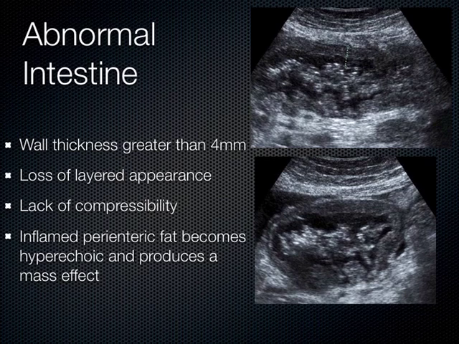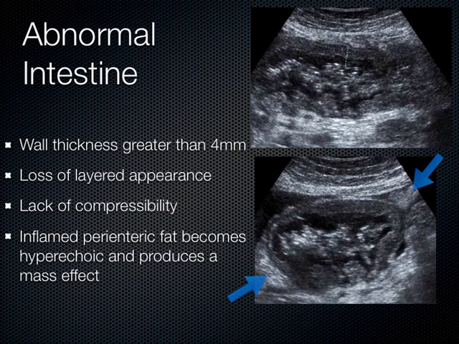We have the loss of that layered appearance. It's kind of hanging out by itself. It's no longer compressible. That's another thing. Normal intestine should be nicely compressible. And if you look around the edges of this, stuff that's inflamed always appears hyperechoic, very bright. We can see around the edges of the structure here, it has these hyperechoic areas.